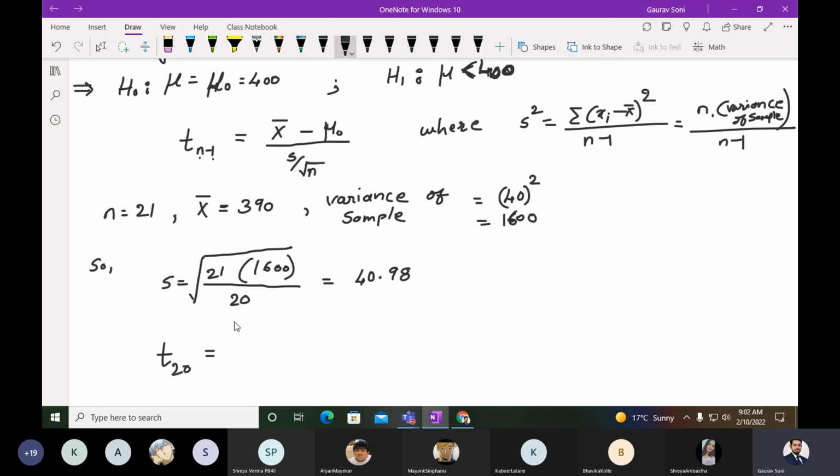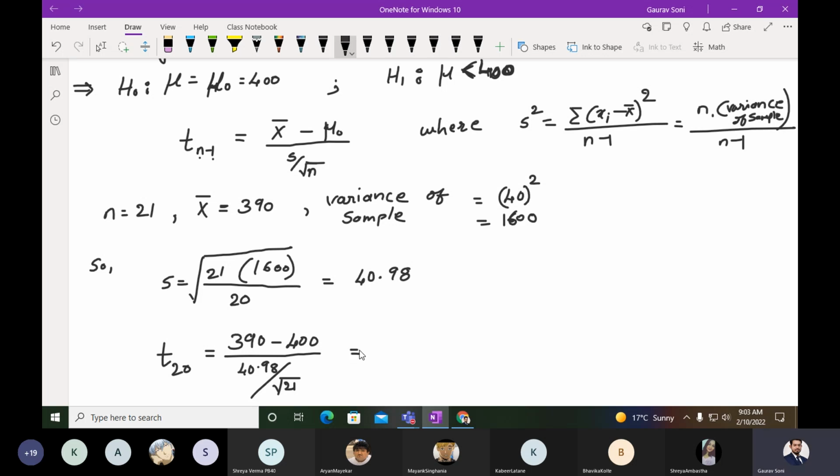X bar, which is 390, minus mu naught 400, divided by s, the value of s is 40.98, divided by under root n, which means under root 21.